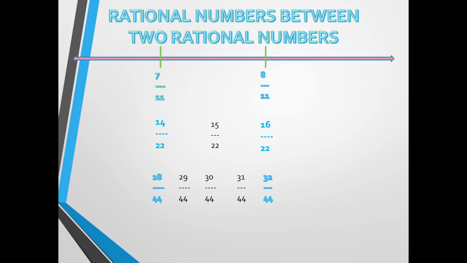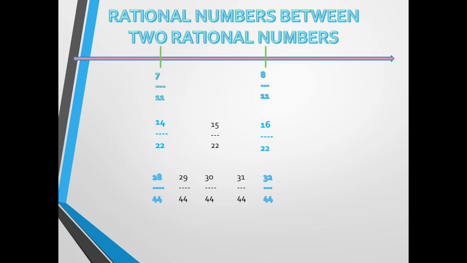Now all these denominators are the same, and we look at the numerators, the numbers present in between them. The point 7 by 11 is also 28 by 44, and the same point 8 by 11 is also 32 by 44.